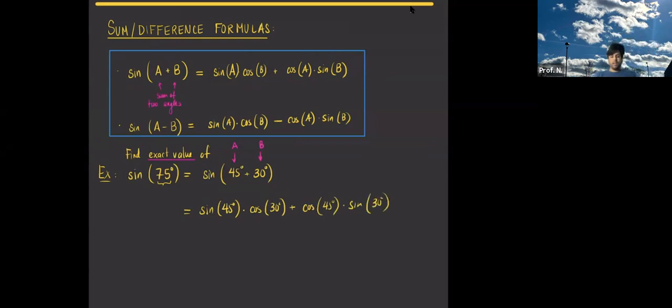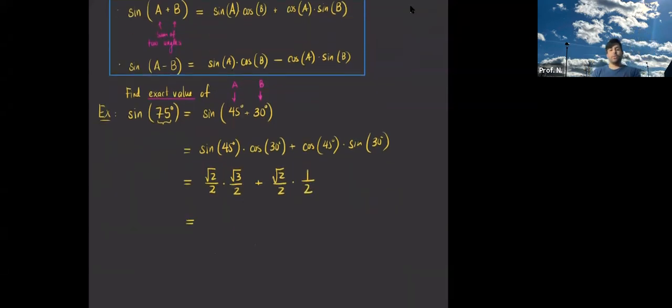I'm using it. Sine of 45 degrees, what does that equal? Rad 2 over 2. Cosine of 30 degrees, what does that equal? Rad 3 over 2. Cosine of 45 degrees, rad 2 over 2. Sine of 30 degrees, 1/2. Simplify. Rad 2 times rad 3 is rad 6 over 4.